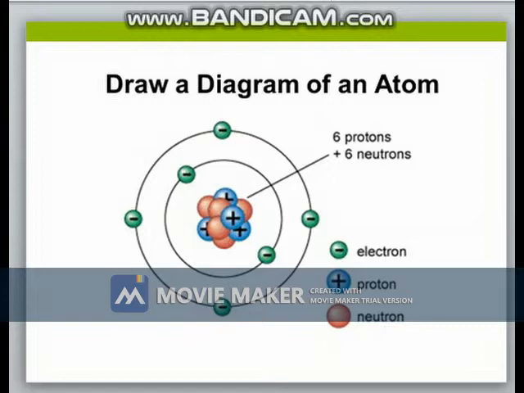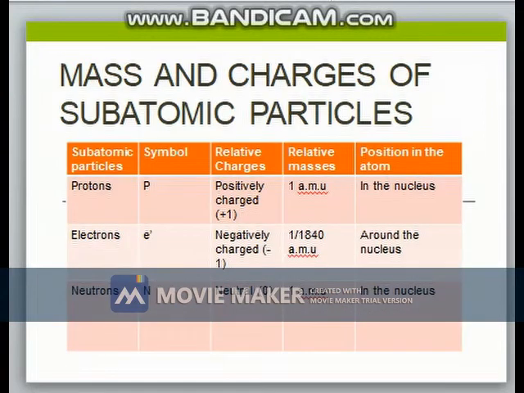Now let's come to this table where we are looking at the mass and charges of the subatomic particles. So in summary, protons are represented with the symbol P with their relative charge as +1, and then their mass is 1 AMU, which is the atomic mass unit. They are located in the nucleus.